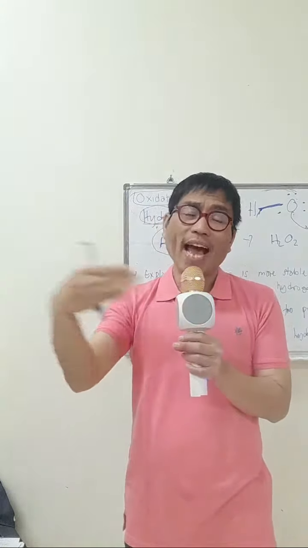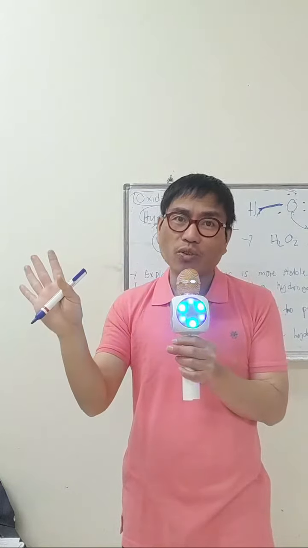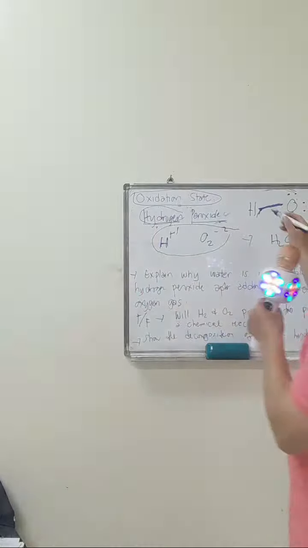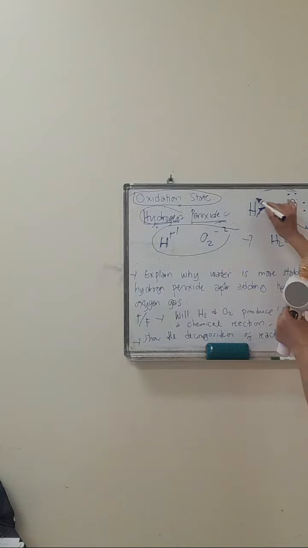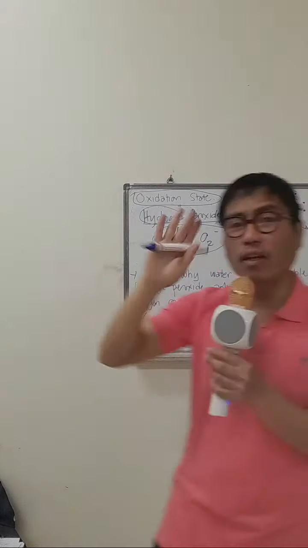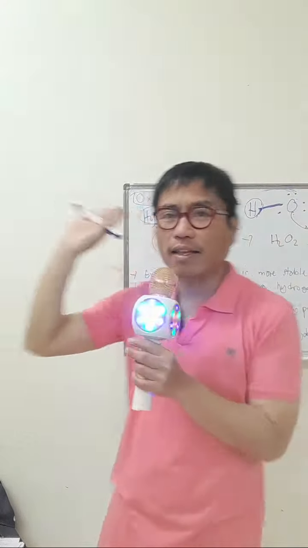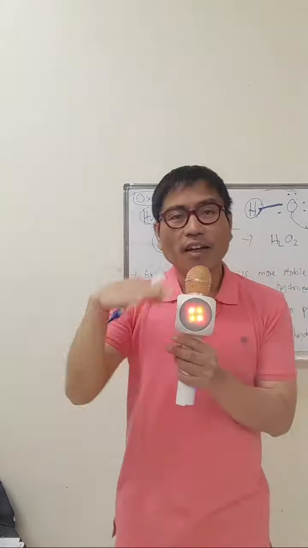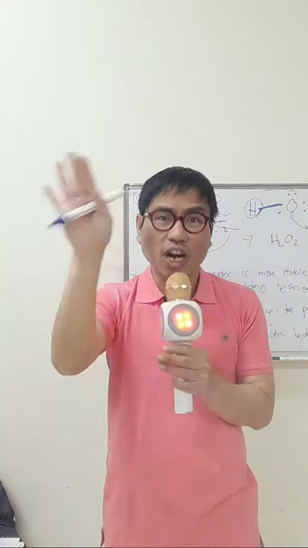So in the reactant, there's no charge. It's still neutral. Hydrogen is neutral. There's no charge yet, right? It is not expressed there because we don't put 1. And oxygen also, we don't put a charge, that is neutral. When it becomes charged through bonding, that's a real charge already.